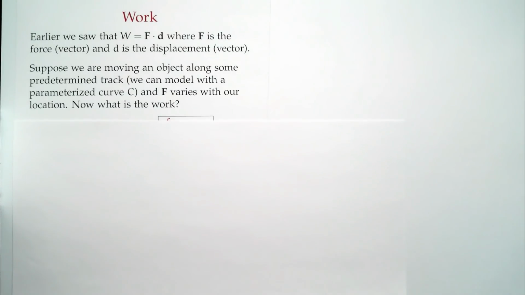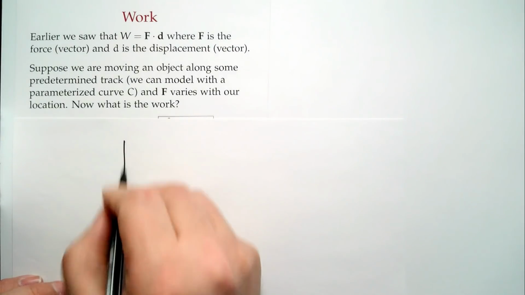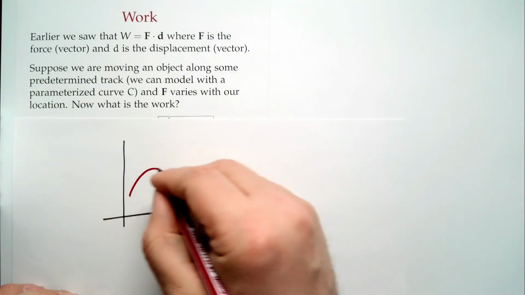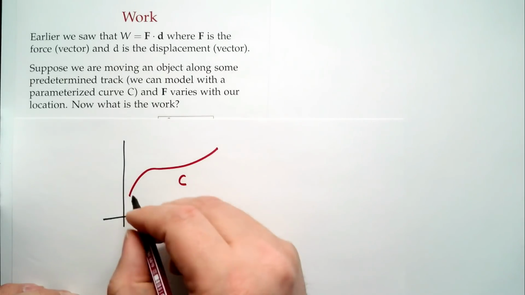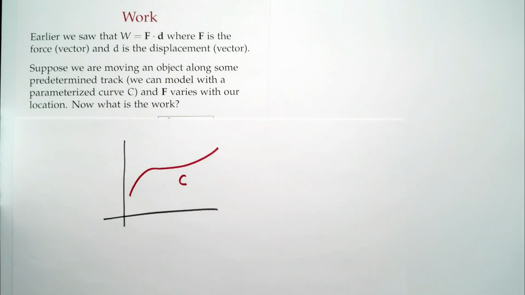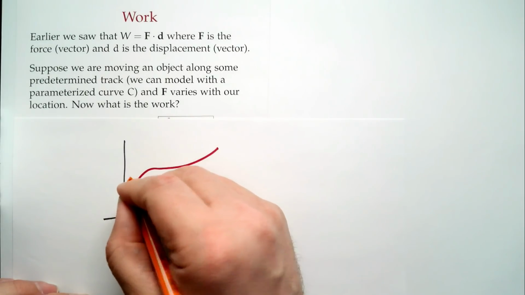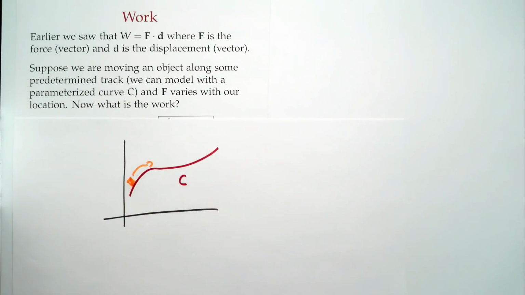What if we did something more complicated? Now, what do I mean by something more complicated? The basic setup you should have in your mind is I have a curve that's in the plane. So maybe you should think of it as I have this track. And on this, I have to move perhaps some object. So here's a little bit of object that I'm moving along here.